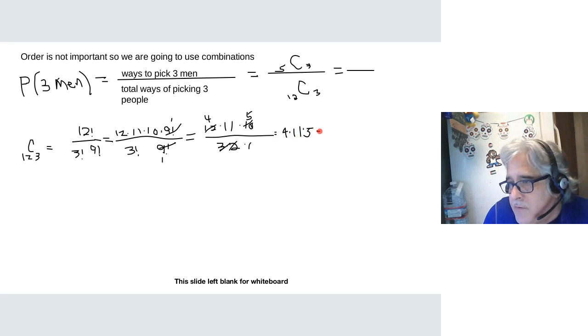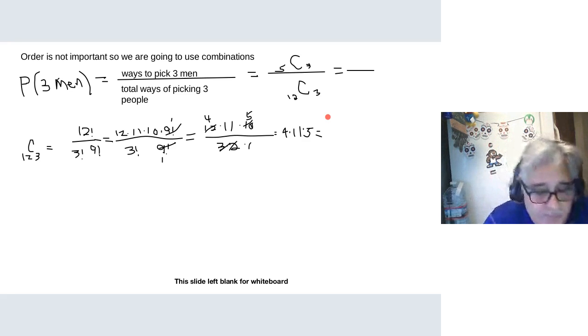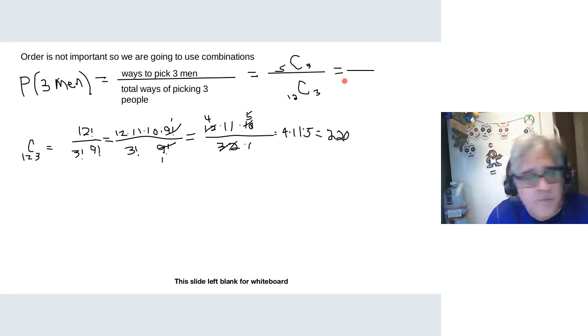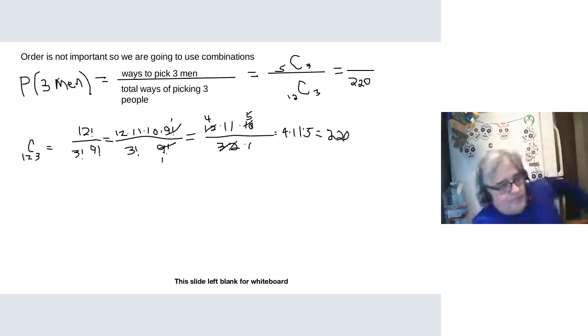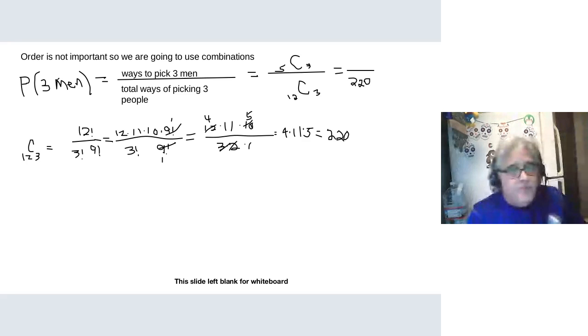That's 44 times 5. So 220. So our big number goes down there. All right, any questions about that? We okay on that?